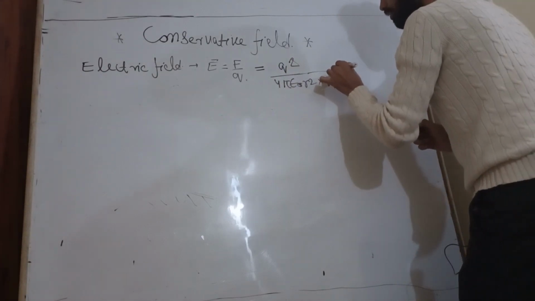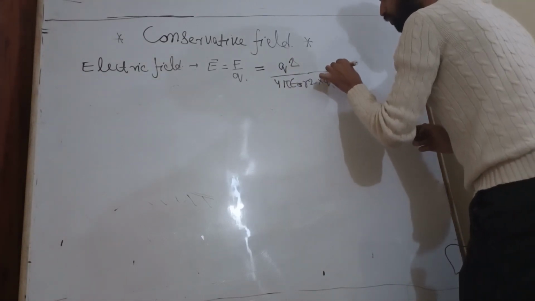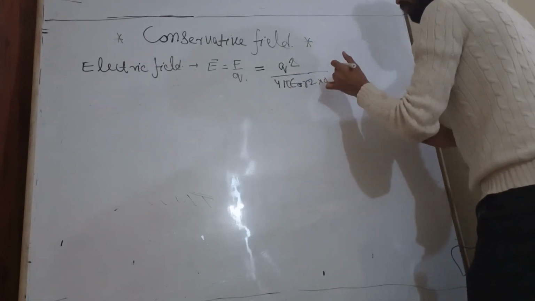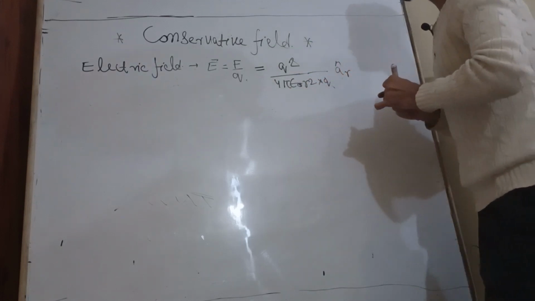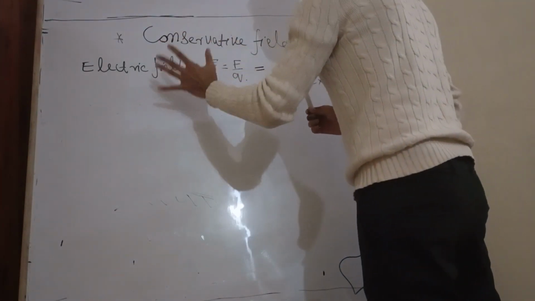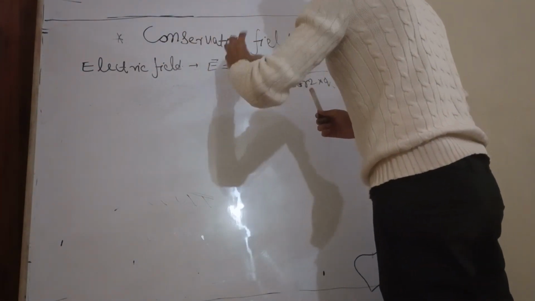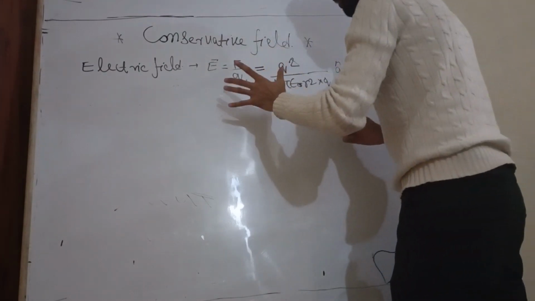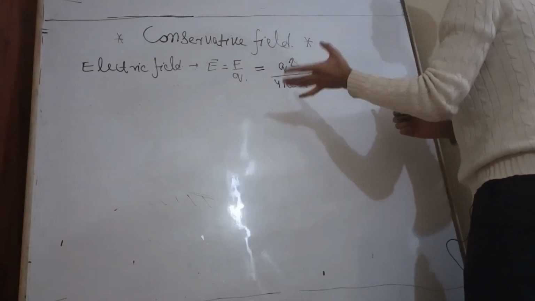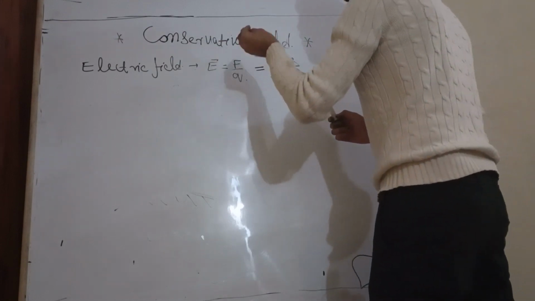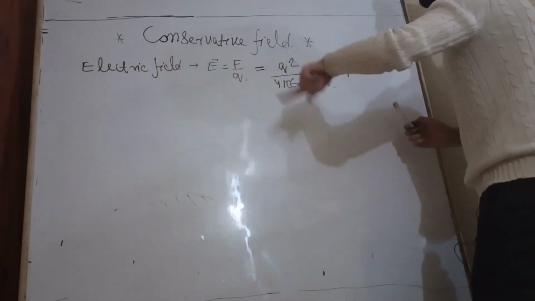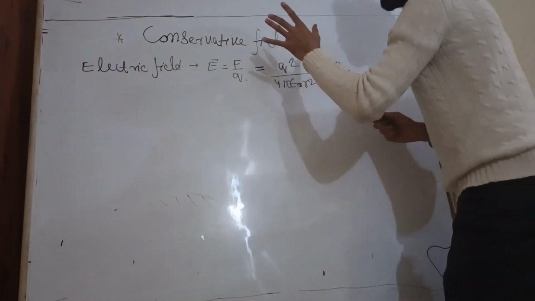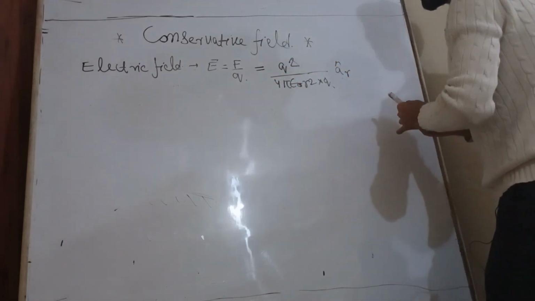The electric field. It acts in the radial direction, wherever the charge is there, because the field established around the charge at any surrounding point is radial.